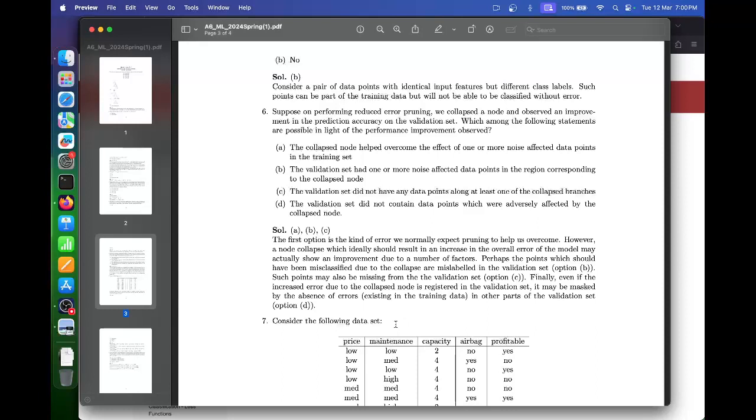It is a little confusing. I'm not completely sure whether it is trying to prove that D is true or it is trying to disprove that D is true. So I'm not completely sure.